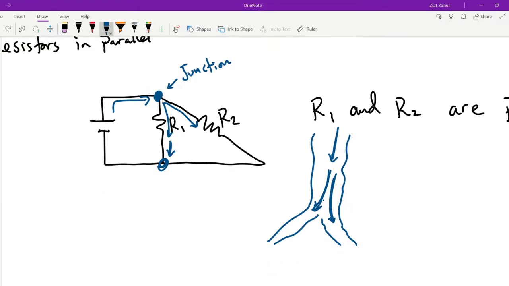Now the other part of the current that went through R2 will eventually come around and meet up. So the fact that they split and then meet again after going through the resistors is why they are parallel. But if there was another branch after R2, then R2 would no longer be parallel to R1.